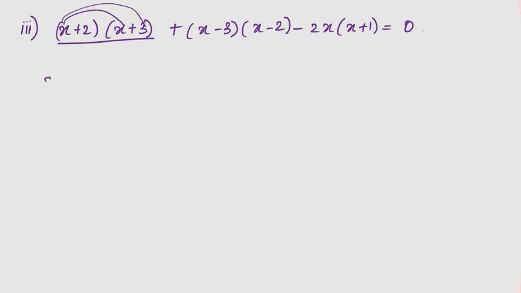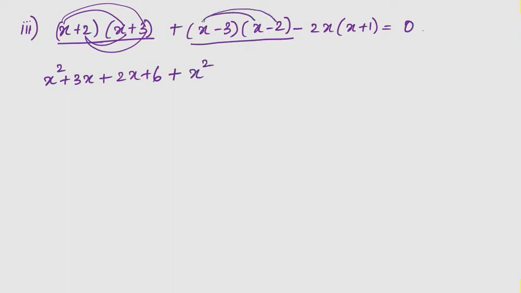So we get x square plus 3x plus 2 into x plus 2 into 3, so we get 2x plus 6. Next we need to solve x minus 3 into x minus 2. So we get plus x into x, x square, x into minus 2, minus 2x. Minus 3 into x, minus 3x, minus 3 into minus 2, plus 6.